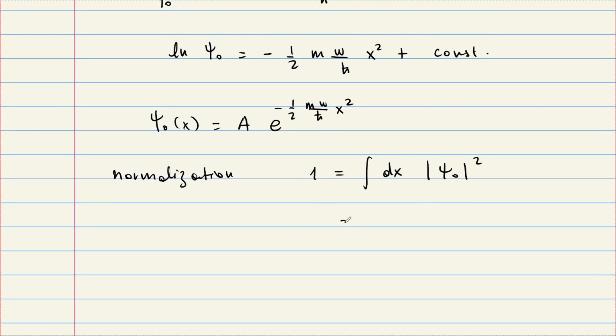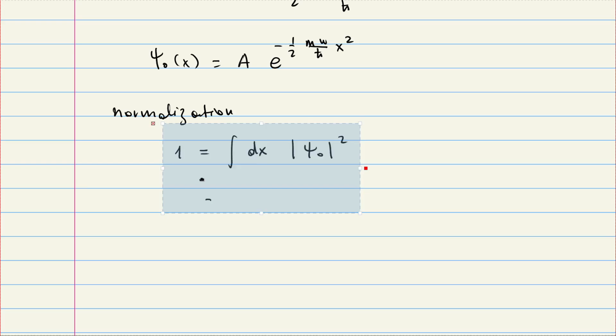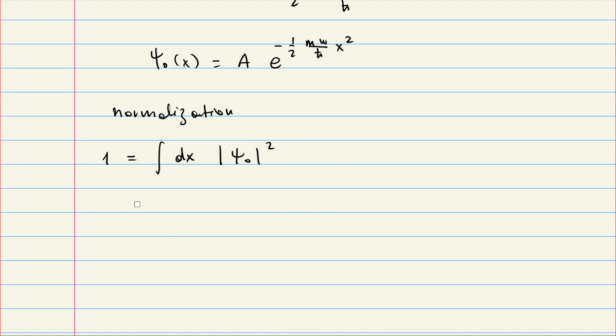And this is going to be the integral dx from minus infinity to plus infinity of a squared e to the minus, they are squares, so it is going to be m omega over h bar x squared.